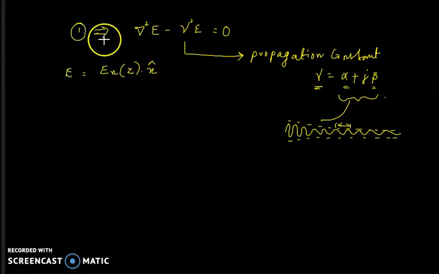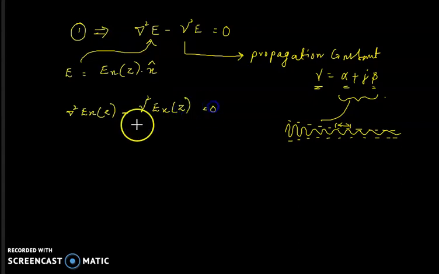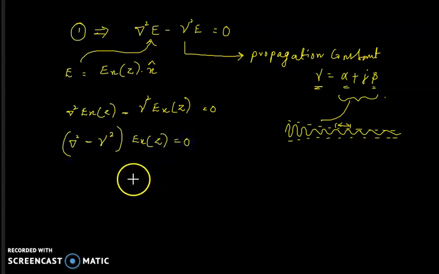So let us substitute this in the previous expression. So this becomes del square E of x minus gamma square E of x set equal to 0. It is clear that it is a homogeneous differential equation.